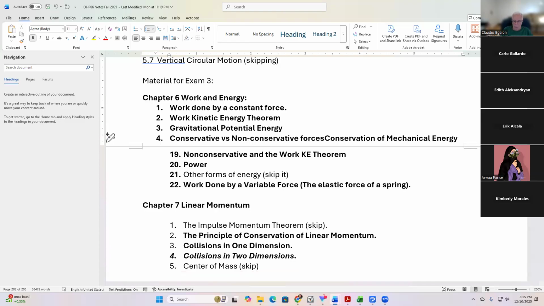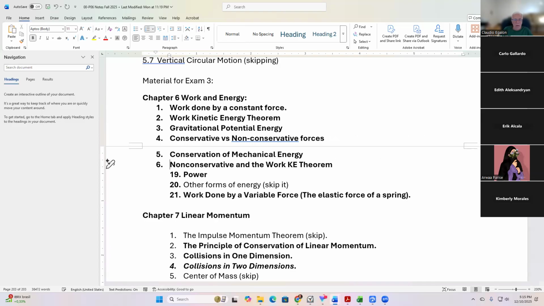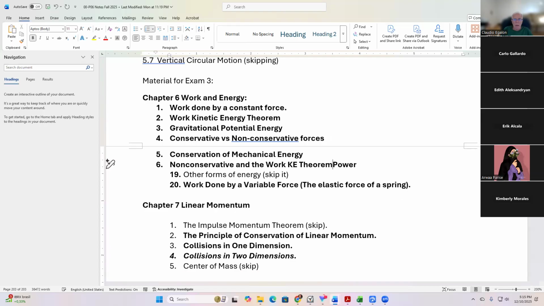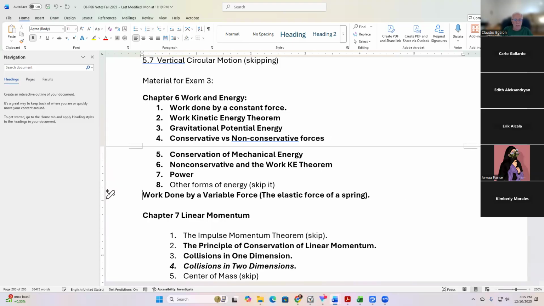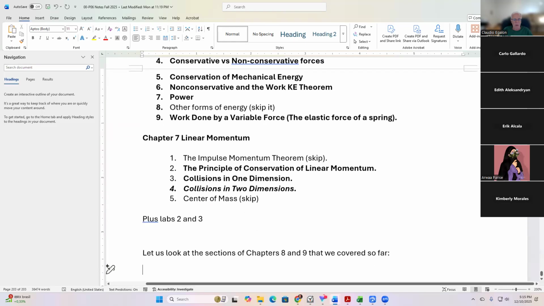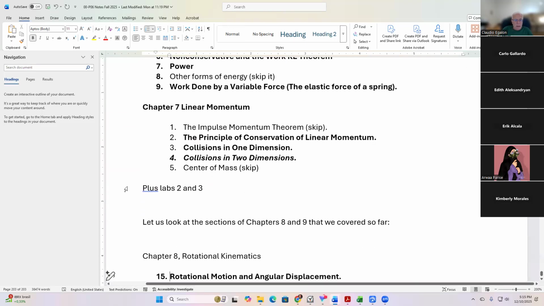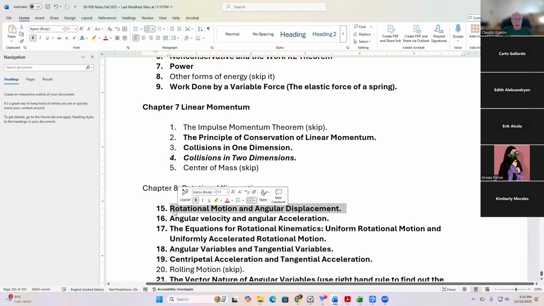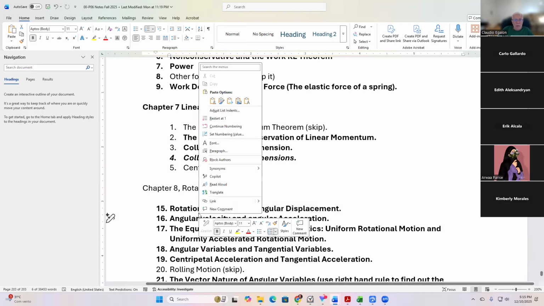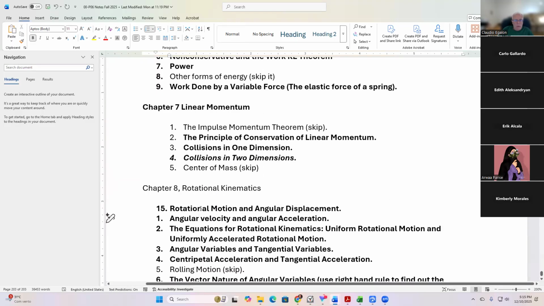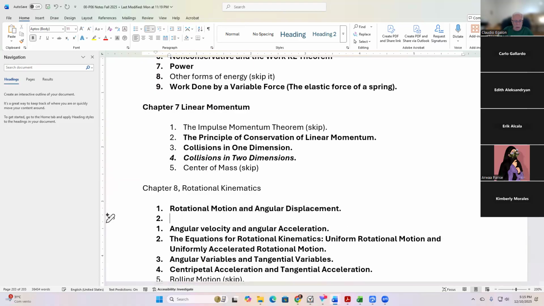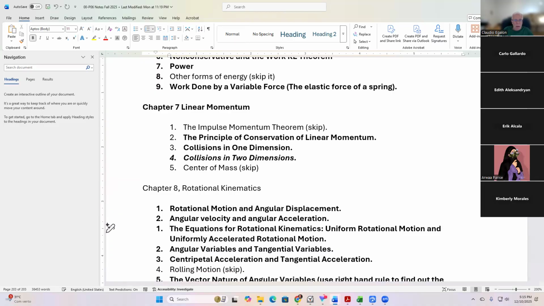4, 5, 6, 7, 8, 9. Section 1, 2, 3, 4, 5. We're skipping. We can take chapter 8. Okay, I'm not going to renumber it, it's going to be too much trouble here.